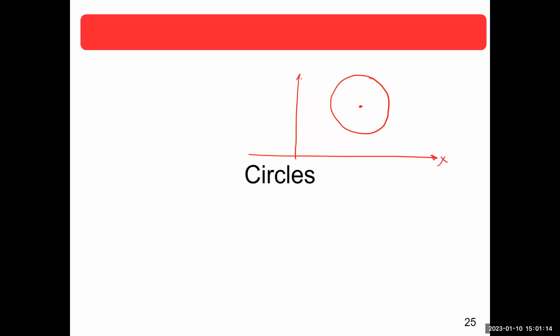X and Y. Well, this is called the center. C is the center of the circle. It has a coordinate H and K, any number. So C has coordinate H comma K.